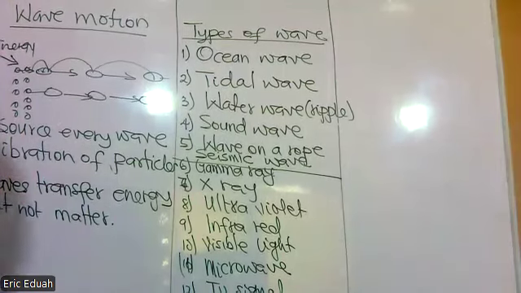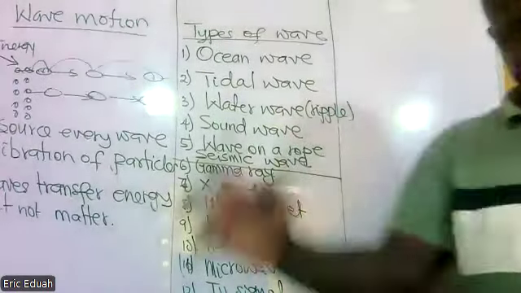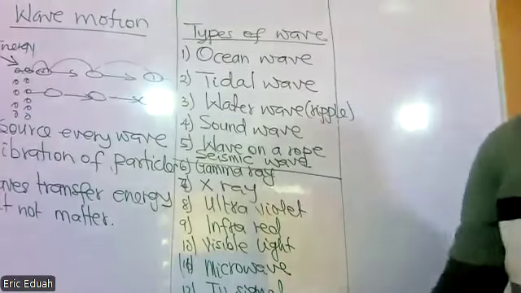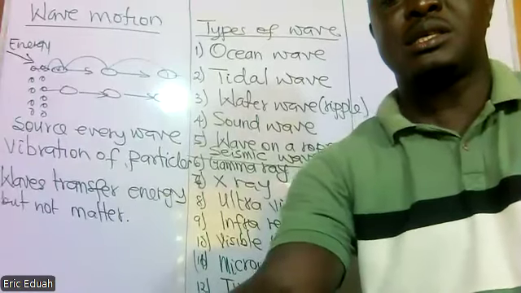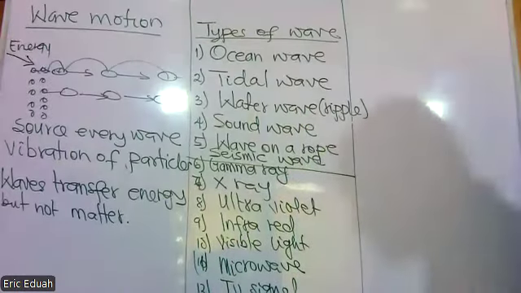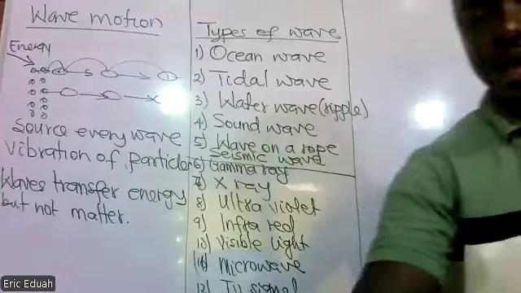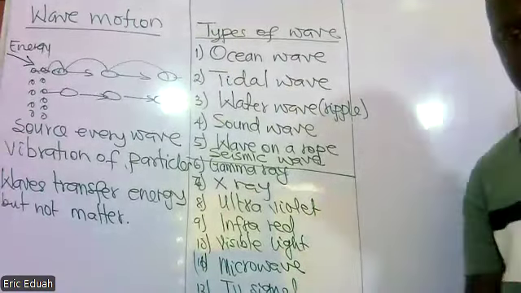Now, this tall list of waves, we are going to classify them, similar to what the biologists, the taxonomists do by classifying organisms based on certain observable features they have.